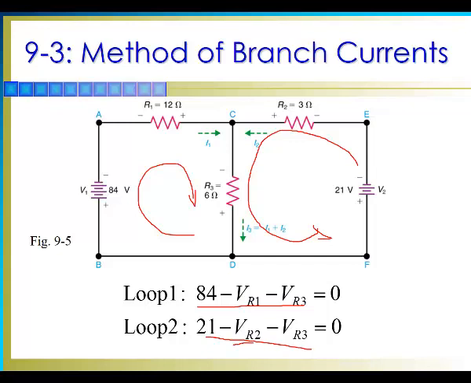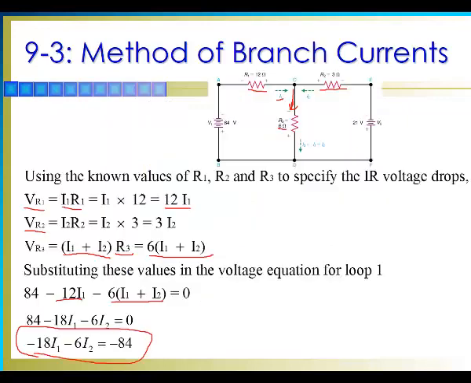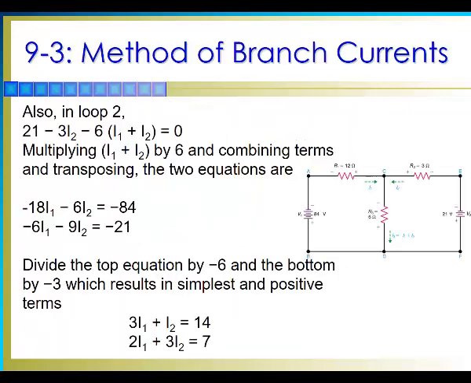Instead of VR2 and VR3, we're going to write this same equation but in terms of the currents. So it's right here: 21 minus 3I2, which was the voltage on resistor 2. It was the current 2 times the resistance, which is 3, and then minus 6, the resistance, times the current that goes through here, which is I1 and I2.